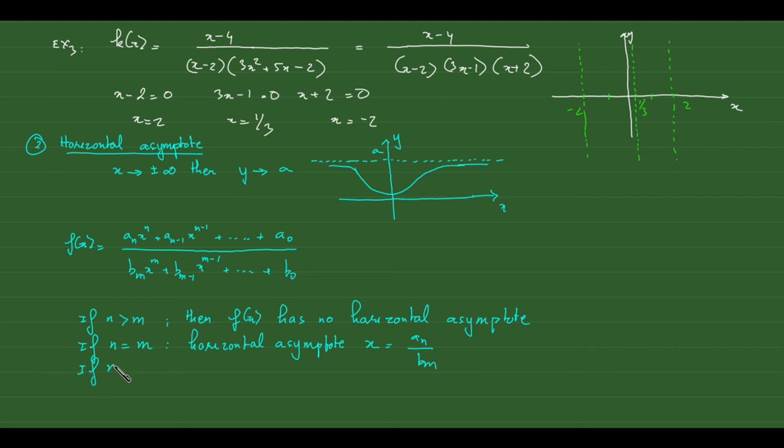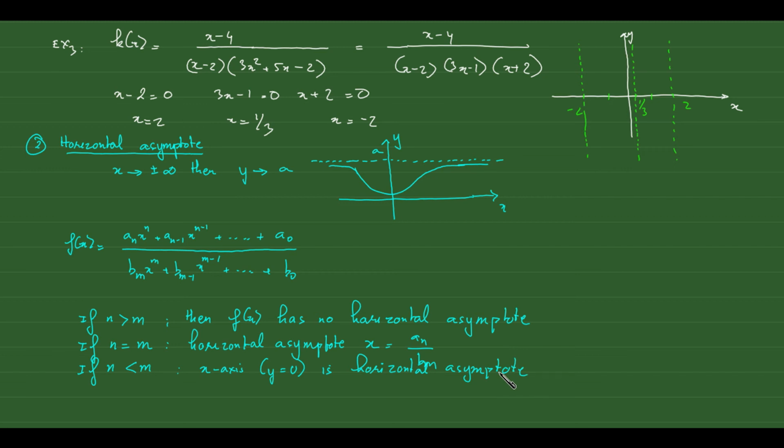However, if n is less than m, meaning the degree on the top is less than the degree at the bottom, then the x-axis, which is the equation y equals 0, is the horizontal asymptote. Alright, so that is the rule to find the horizontal asymptote.